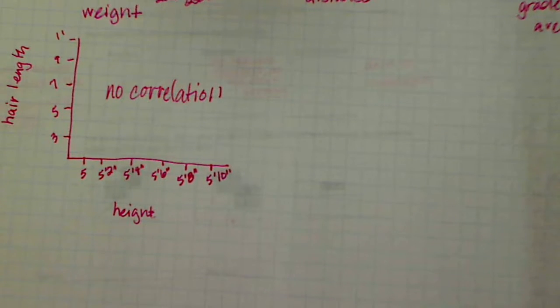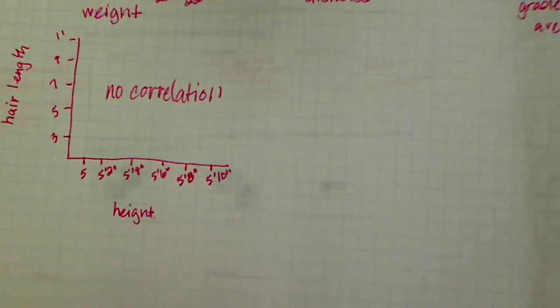Now, what if I were doing this with little girls, where the oldest was 3 years old? Would their hair length be related to their height? Kind of. Probably, because do little girls that age cut their hair?